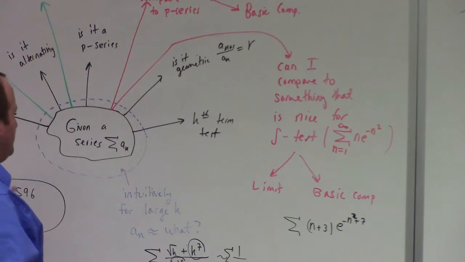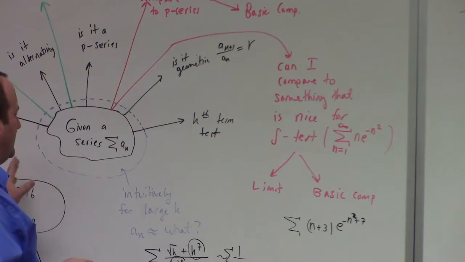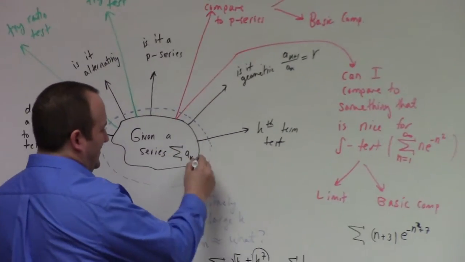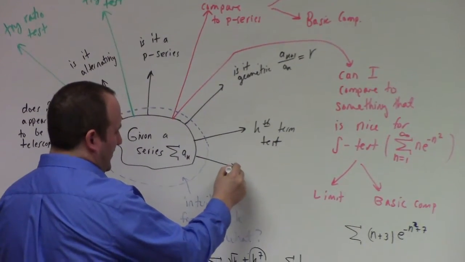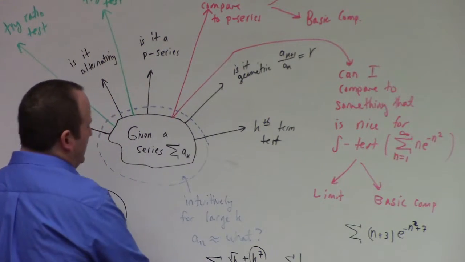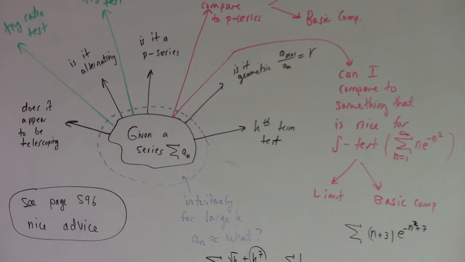I guess another thing I might add to this is, I don't know. I mean, the question is divergence, right? How do you judge divergence? Well, I think when you check into this, intuitively for a large k, what does it look like?